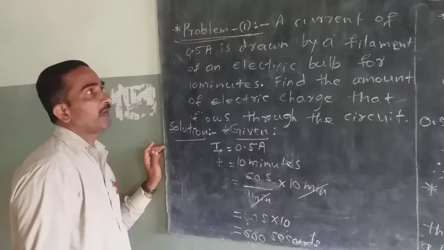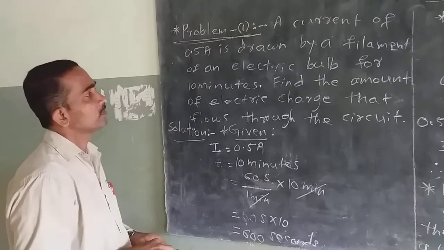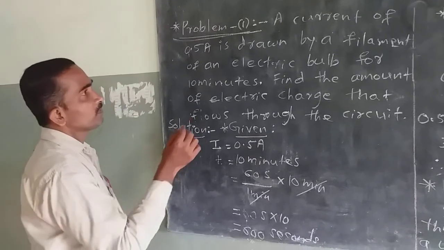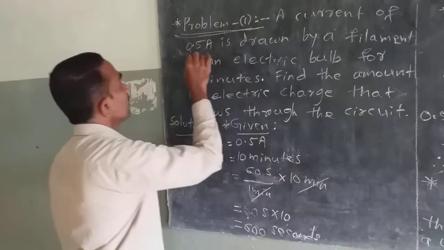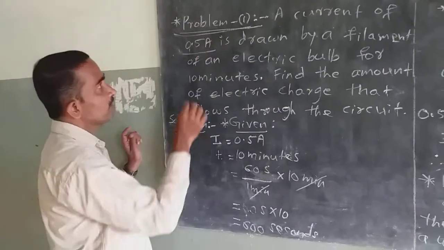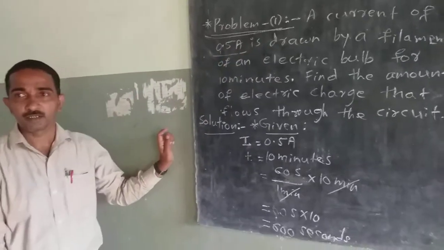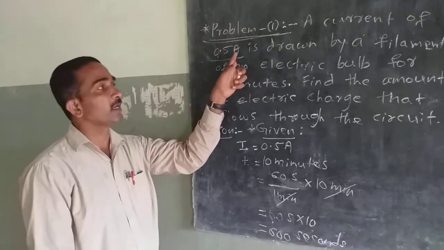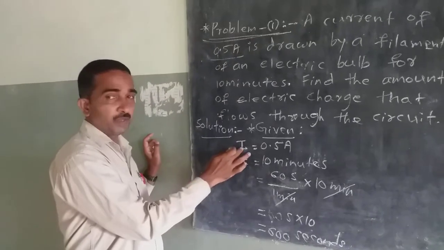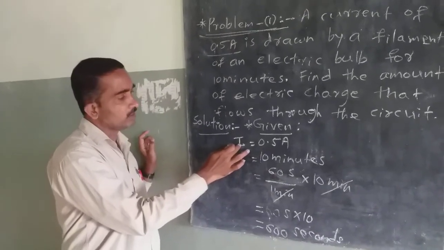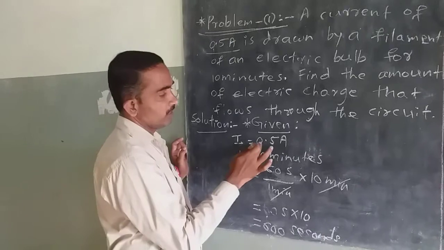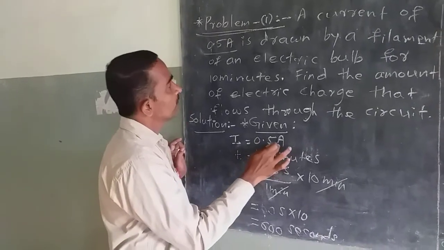If certain factors are given, I will underline with color chalk. See that 0.5 ampere, A means ampere. Ampere is the SI unit of electric current. Symbol of electric current is I, it means electric current I equals 0.5 ampere.